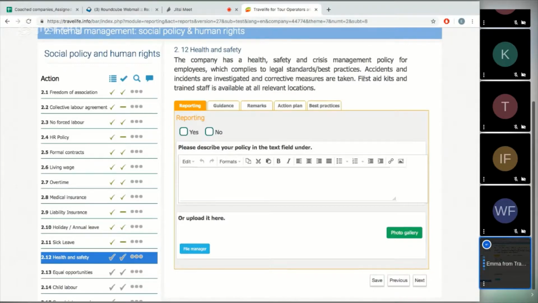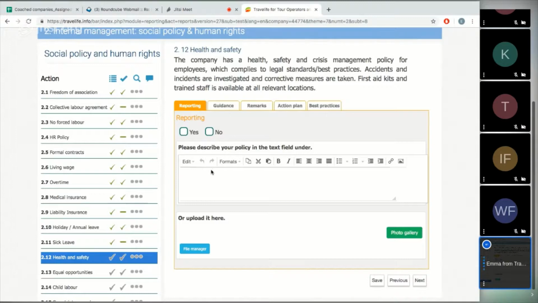And what is most important for this criterion is that you have first aid kits in your company, so in your office, and that some staff is available that is trained regarding health and safety. So please describe your policy here.